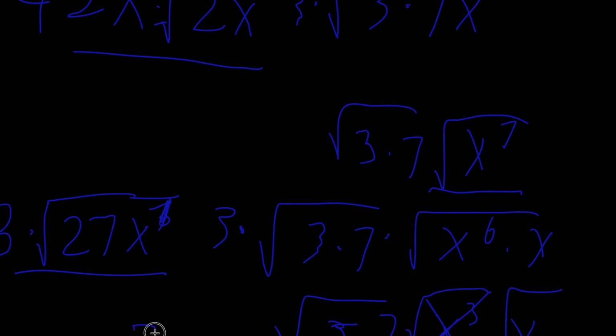So the answer is 3 times x to the 3rd times, and of course the square root of 27. Let me write this over here.